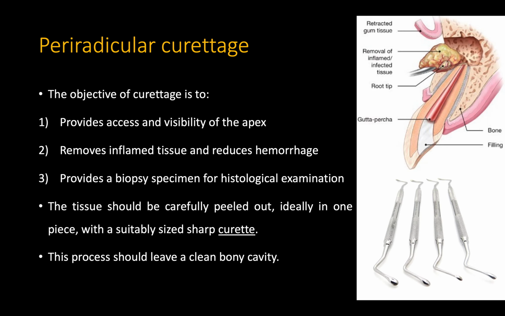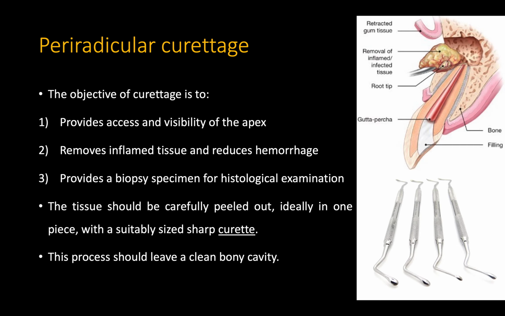Now, after we remove the bone, we will see the soft tissue, the lesion, the granulation tissue or the cyst around the root apex, and we need to remove or curette it. And for this, we need a curette. The objectives of curettage are to provide access and visibility to the root apex, and also to remove the inflamed tissue and reduce hemorrhage, because granulation tissue will be highly vascularized and it will bleed profusely if disrupted.